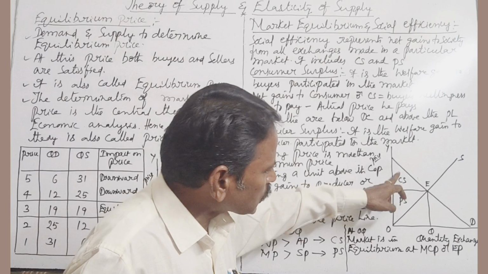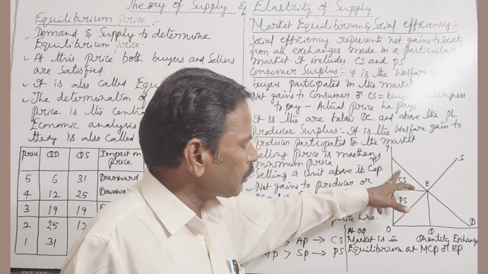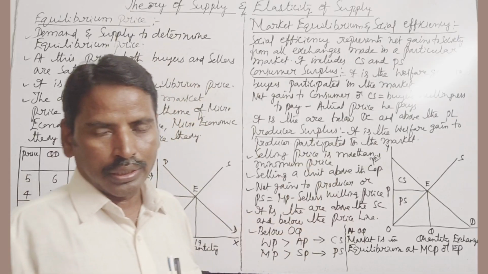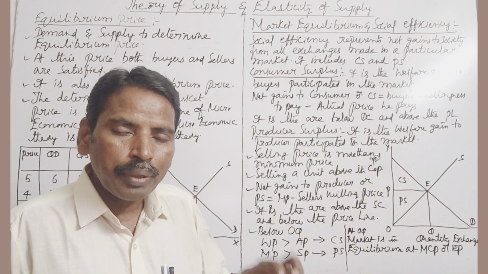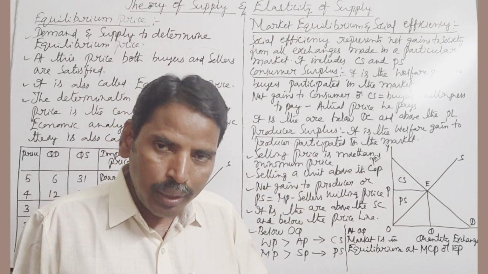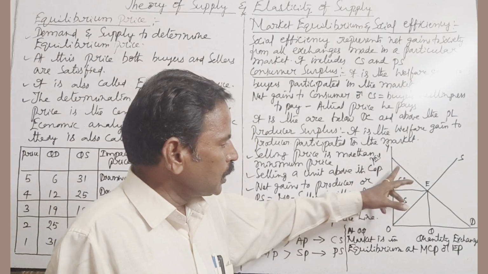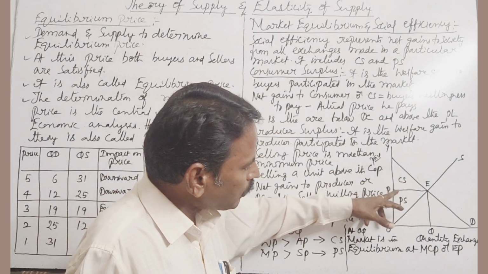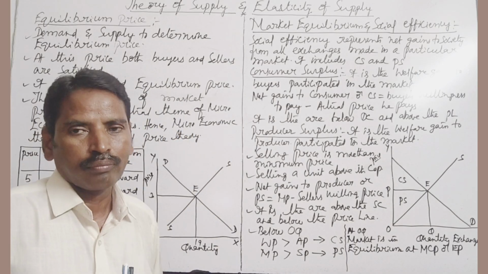This area is called consumer surplus, the net gains to the buyer participating in the market. Consumer surplus is equal to willing price minus actual price. The area below the demand curve and above the price line is consumer surplus.